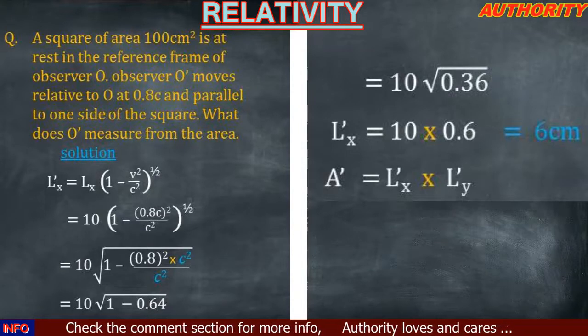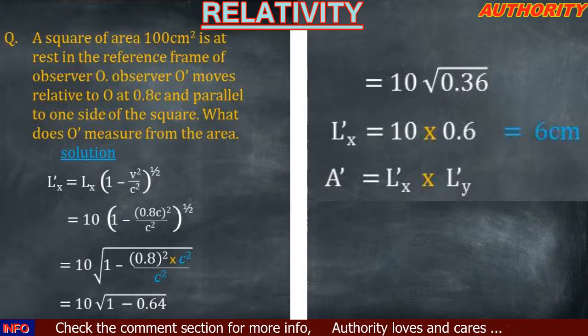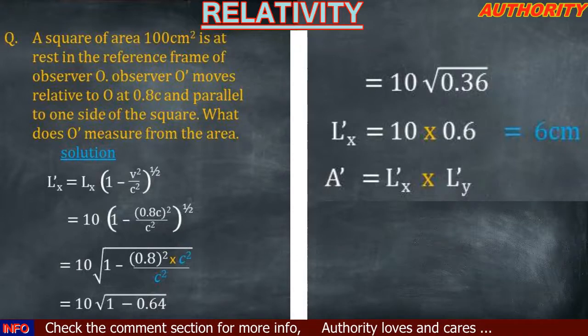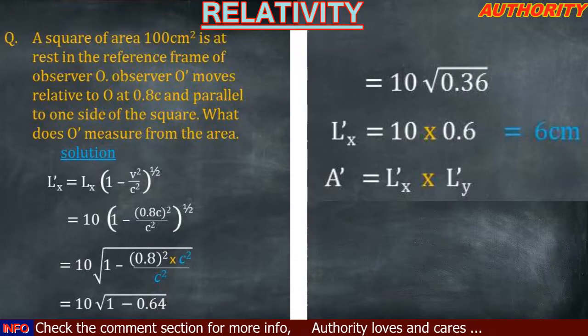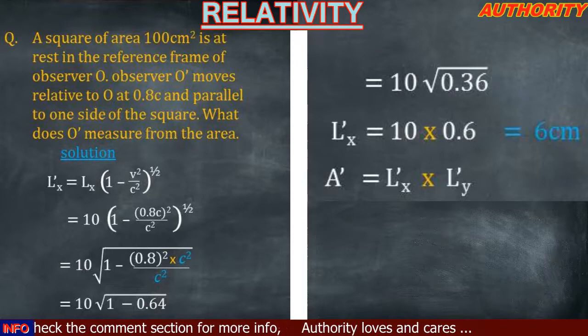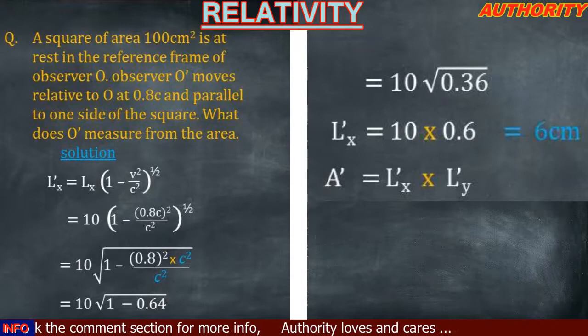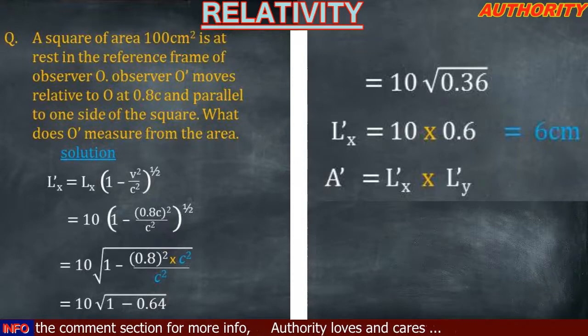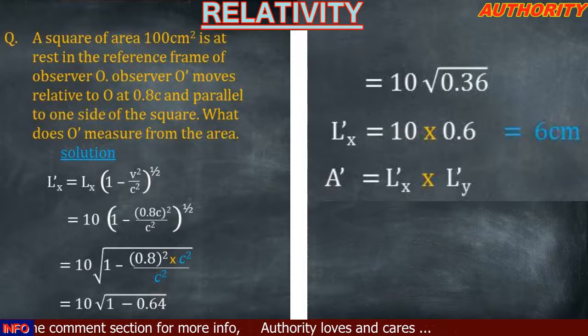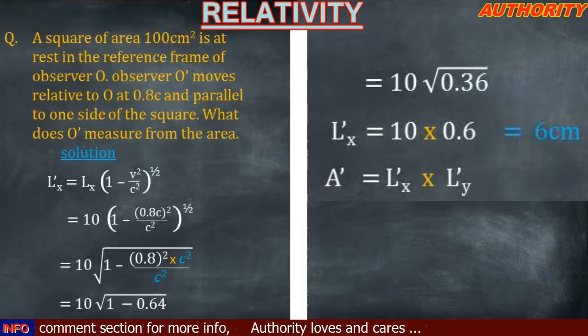This is going to give you the length in the x-axis measured by the observer in motion times the length in the y-axis measured by the observer in motion. Now let's use L prime subscript x and then L prime subscript y. You get it, right? Good.